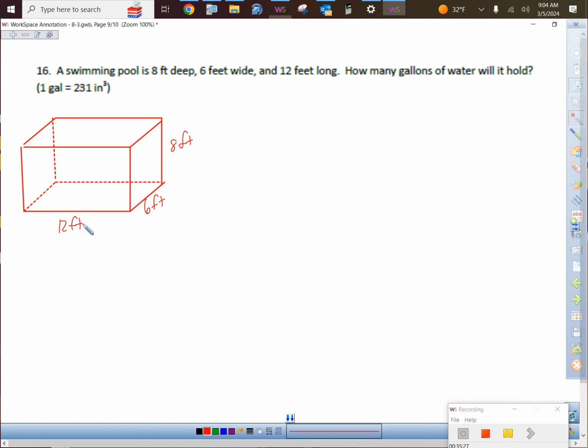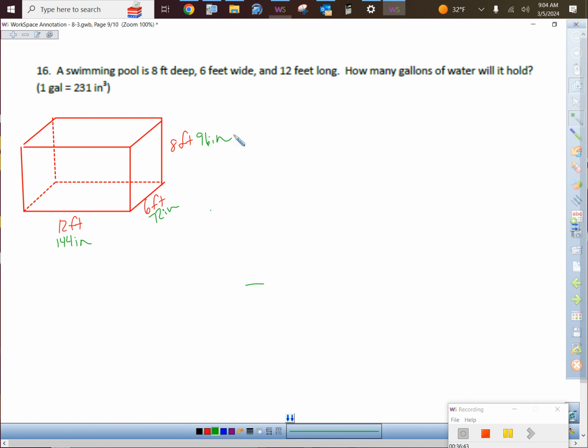So 12 feet, since there are 12 inches in a foot and I'm going to a smaller unit, don't I need to multiply by 12? Isn't that 144 inches? 6 feet is 72 inches, right? And what is 8 feet in inches? 96 inches. How easy will this be to find the volume of that swimming pool now in cubic inches?